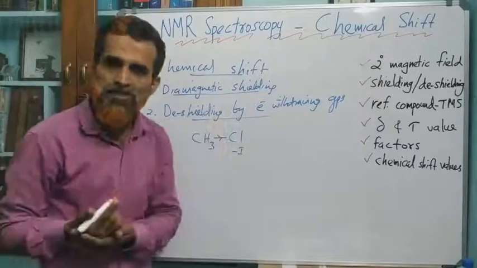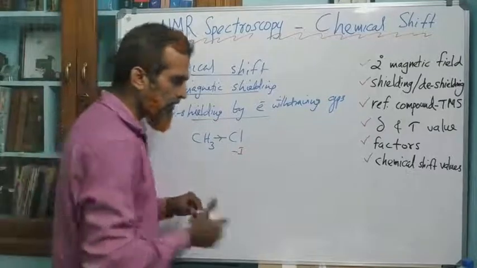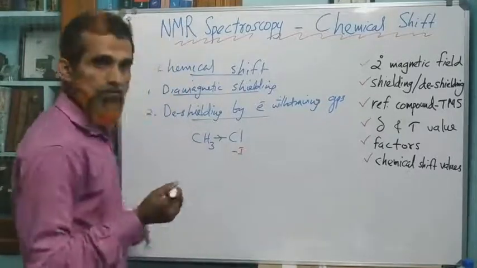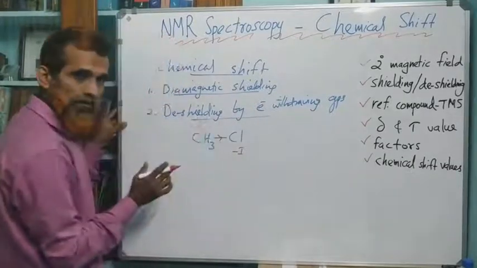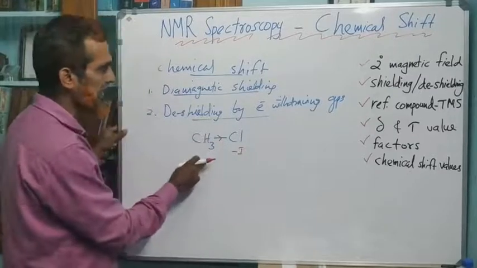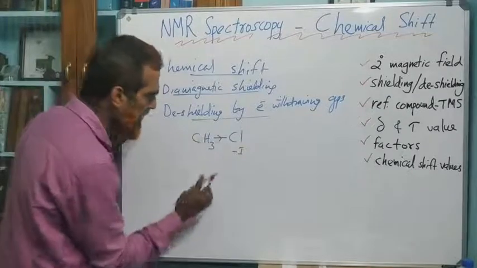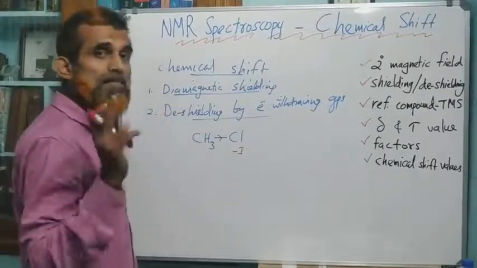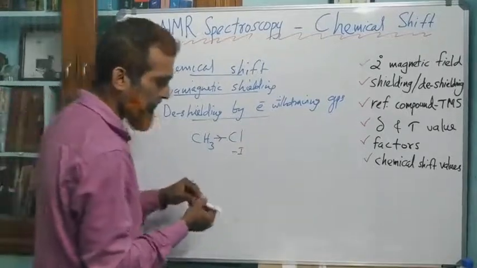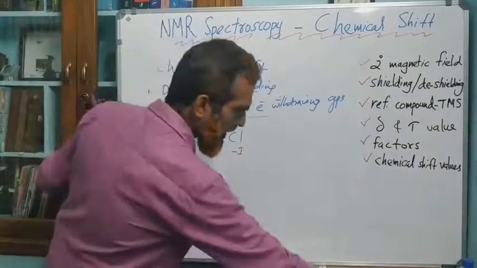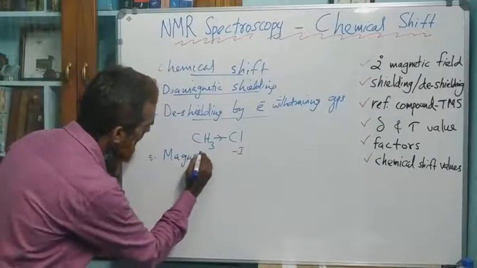So groups like Cl, NO2, all minus I groups, all electron withdrawing groups, reduce the electron density and cause deshielding. When electron density decreases here, the proton feels a higher applied field, the frequency will be higher, and the delta value will be higher. Remember that.